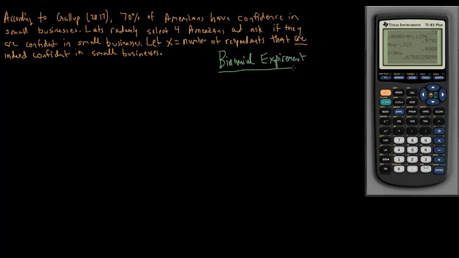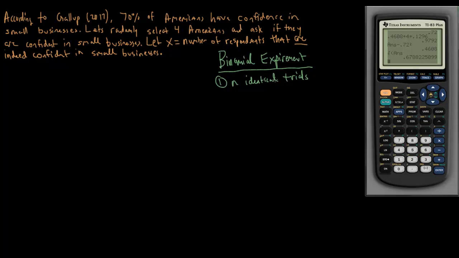You've got 4 requirements. First is there are n identical trials. Now there's a couple things going on here. First of all, you have to do the same exact thing, however many times you specify.